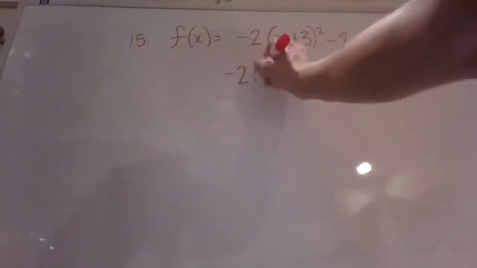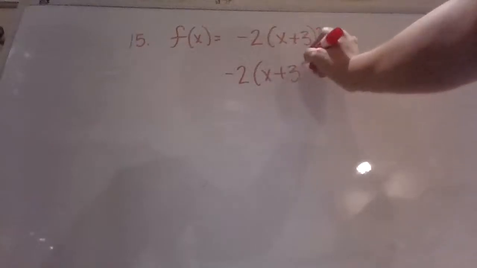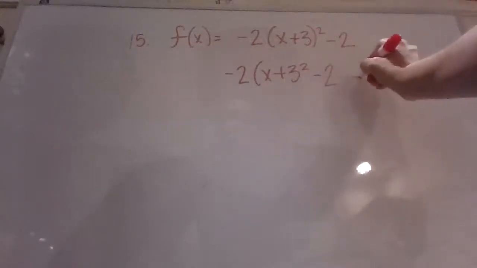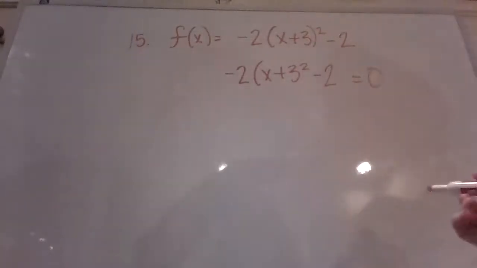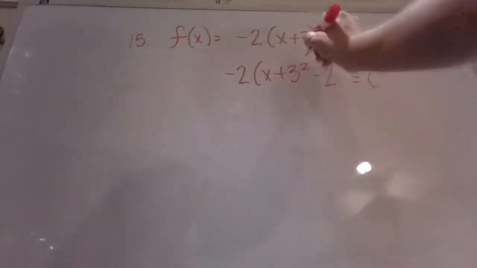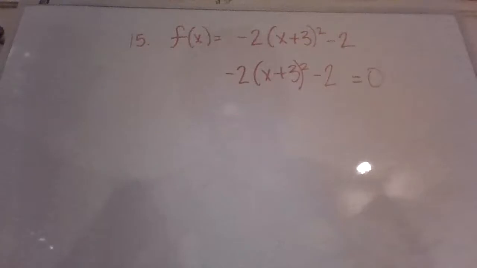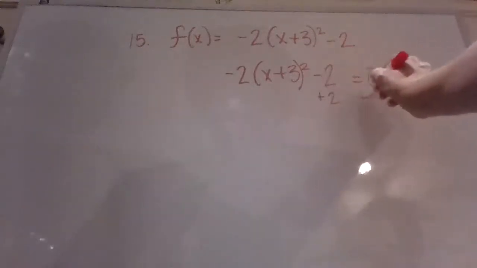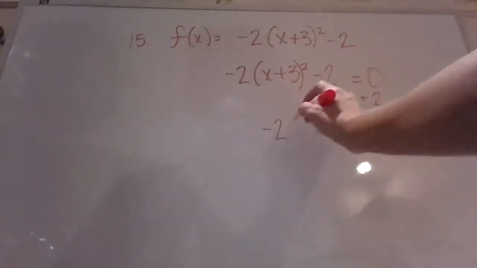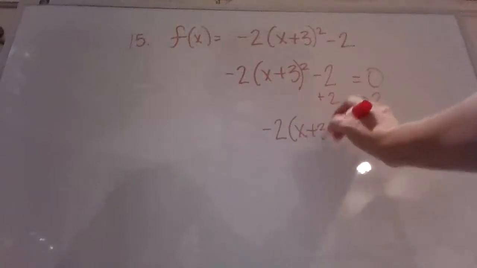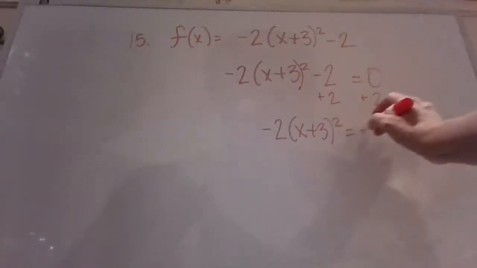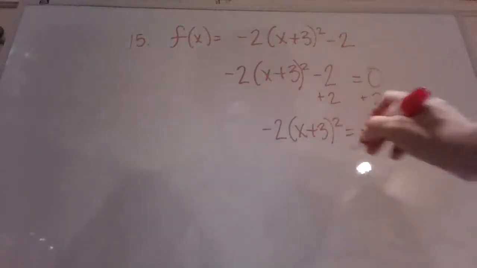So negative 2 times (x plus 3) squared minus 2 is equal to 0. I'm going to add 2 to each side. I have negative 2 times (x plus 3) squared equals 2.